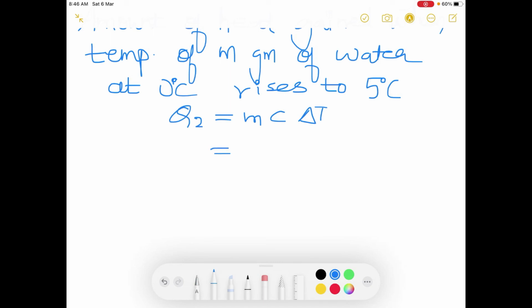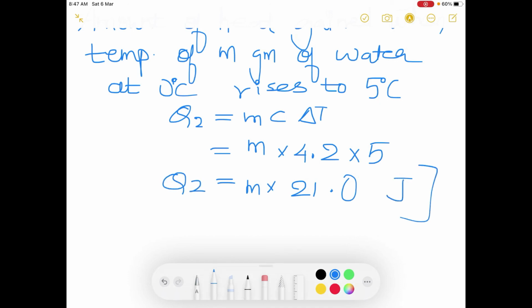Okay, so that will be equal to m multiplied by 4.2 multiplied by change in temperature is 5 degree Celsius or 5 Kelvin. So that will be equal to m into 4.2 into 5 joule. That is 21 multiplied by m અને લખી નાખીએ joule. Fine, this is the second.